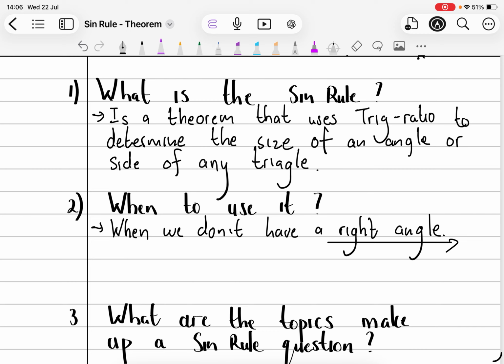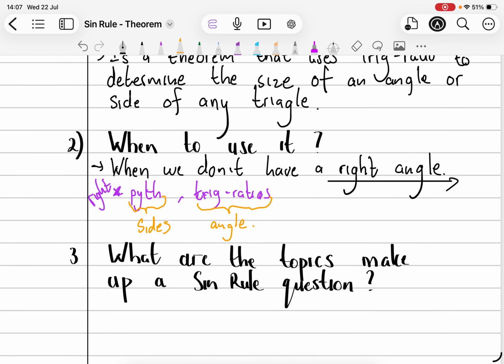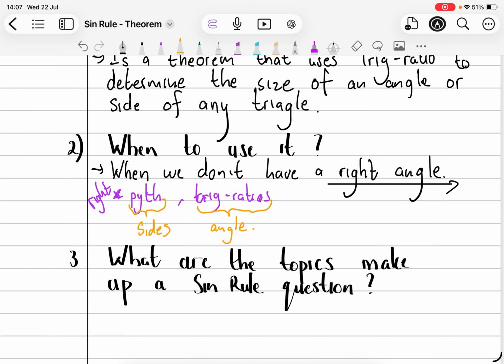Most of the time, if the triangle is right-angled, we can use Pythagoras for the sides, and trig ratios for the angles as well as sides. In this case, we don't have the right angle.